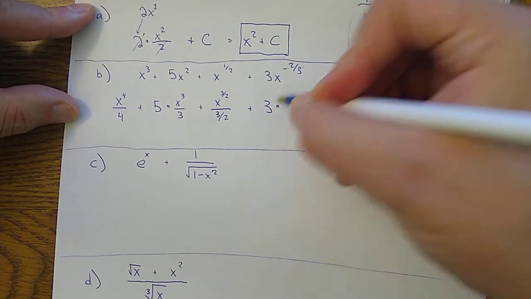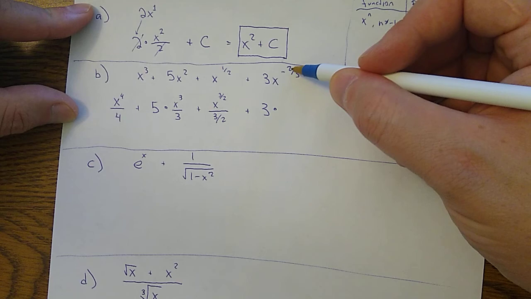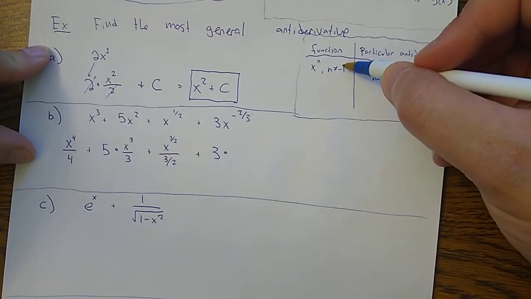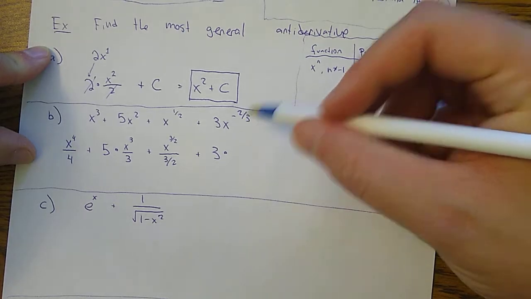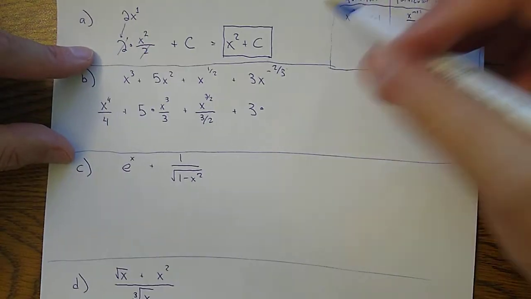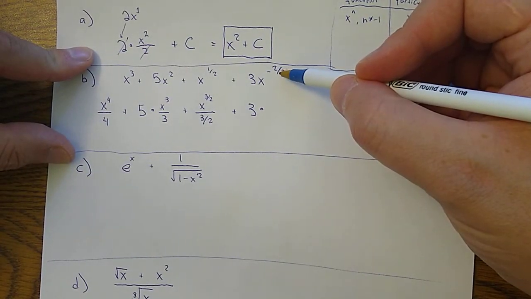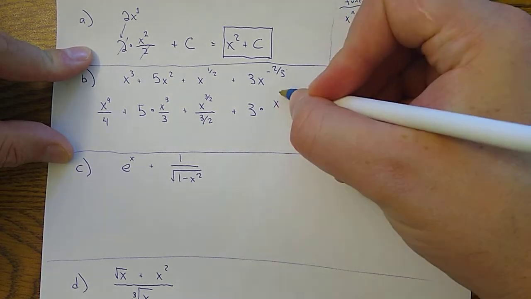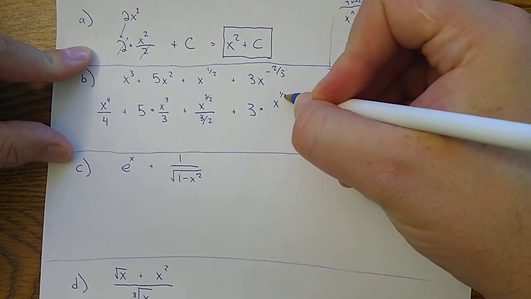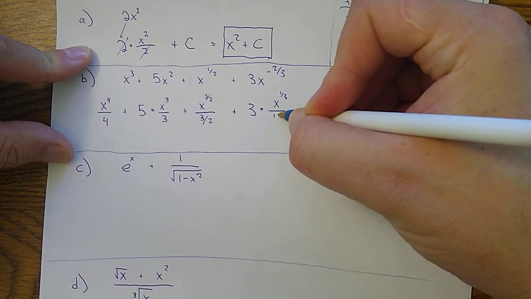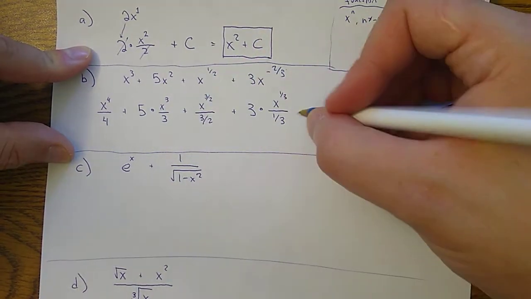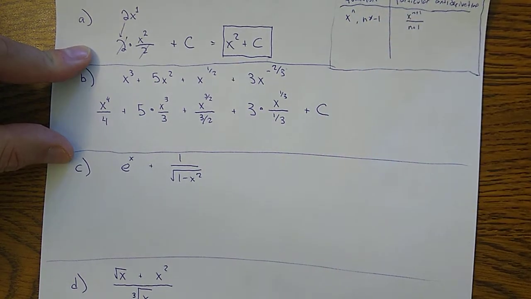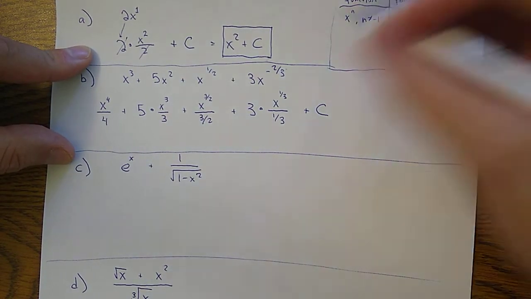Now I've got this. I can even do this with negative powers, as long as it's not the -1 power. But I can do the -2/3 power. If I increase -2/3 by 1, I get +1/3. So that's going to be my new power. And then I divide by that same number. And when I'm done, I should write plus c.